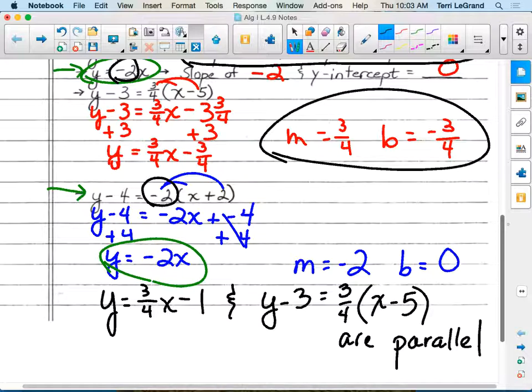Well, notice what happened. After we renamed it into slope-intercept form, it ended up being the same line. It had the same y-intercept. We cannot, just because an equation is given to us in point-slope form, say that as long as they have the same slope, these lines are parallel. We have to make sure that they have different y-intercepts. Okay? So any questions?